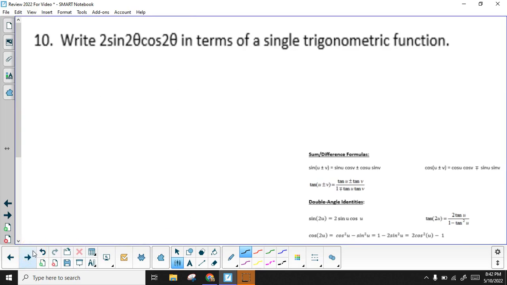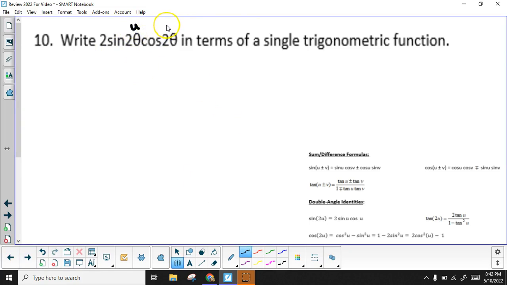And for number 10, write 2 sine 2 theta cosine 2 theta in terms of a single trig function. A couple of ways we could look at this. We could substitute something for sine 2 theta and cosine 2 theta, but actually we could see this as our u value being 2 theta.